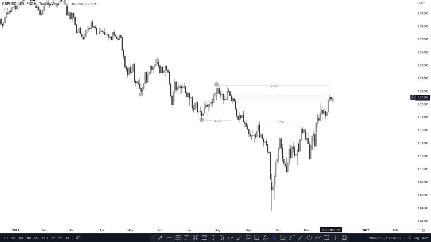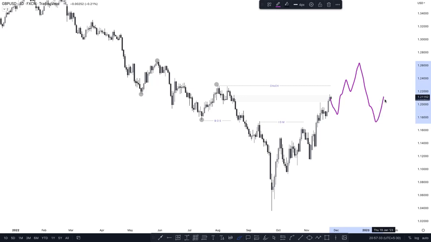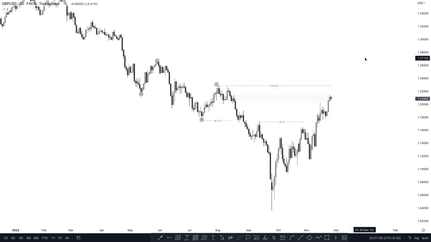Then you can sell, right? And this is our possible scenario, and maybe the market can give you a short term move to the downside, then again go higher high like this, and then the market takes a deeper pullback and goes high, right? So this is our possible scenario.